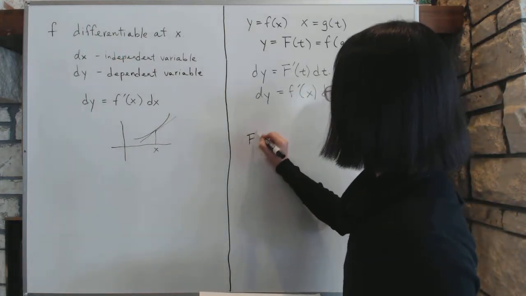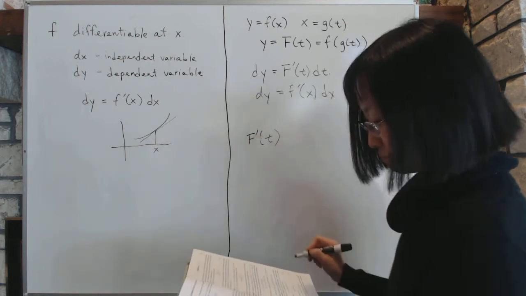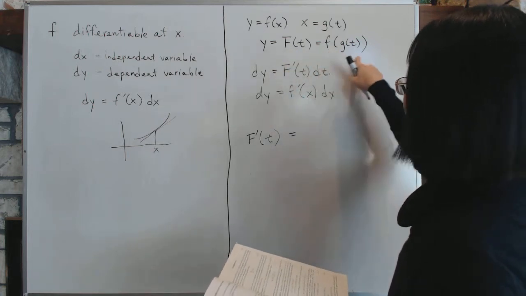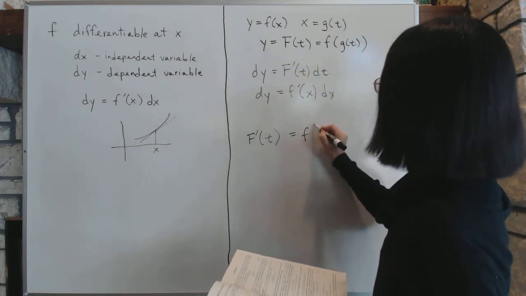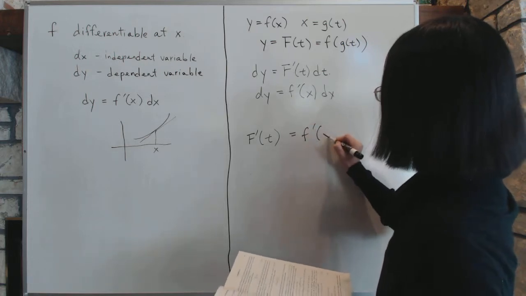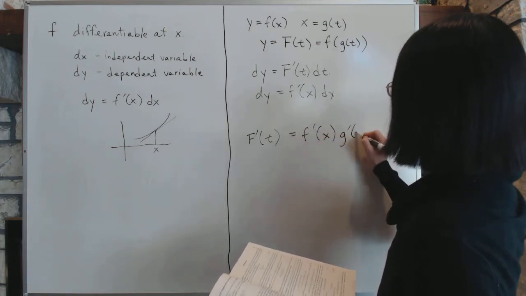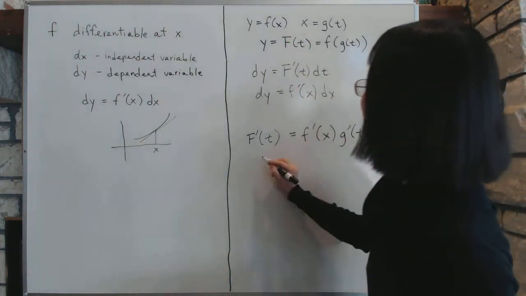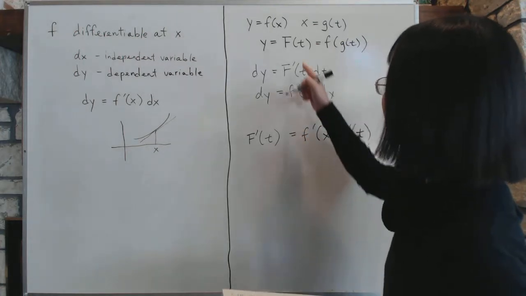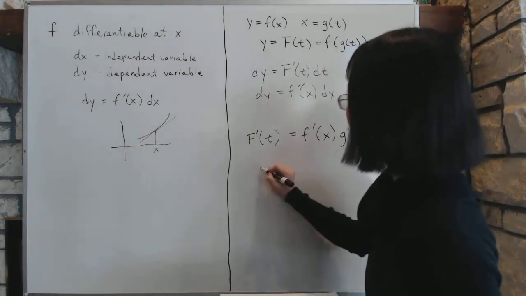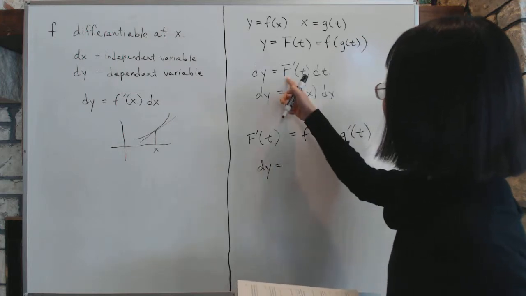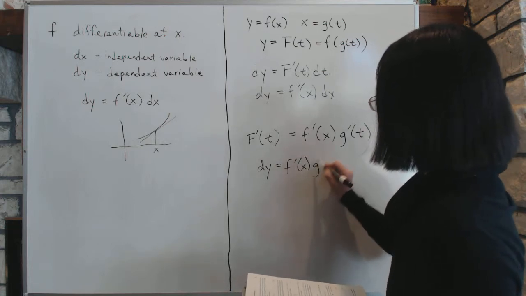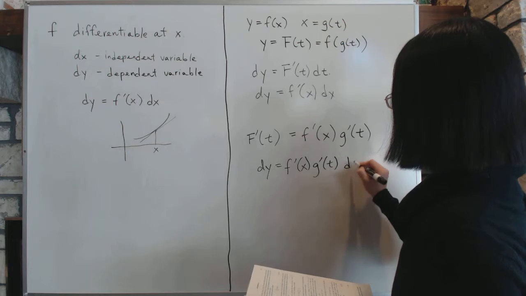So if you look at F prime of t, the derivative with respect to t, you do the composite rule for this, and it is f prime of x times g prime of t. And then, if you do dy the hard way, dy equals, plugging this in, f prime of x g prime of t dt.